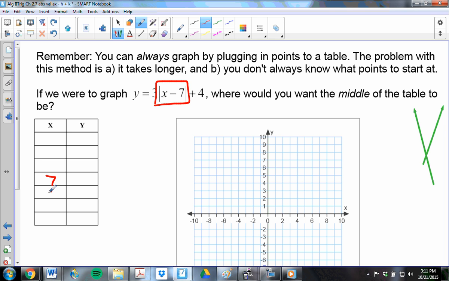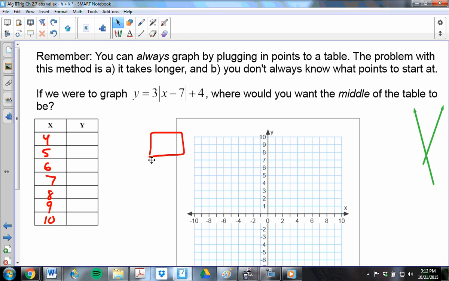Because then, when I go up 1, down 1, up 2, down 2, up 3, down 3, I have my symmetry. So that shows why you want a positive 7 and not a negative 7. Even though this has a negative 7, I want to plug in a positive 7 to make this work.